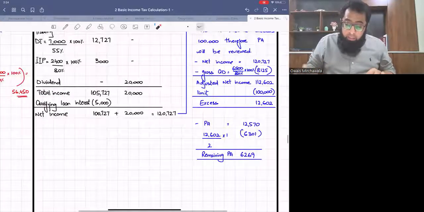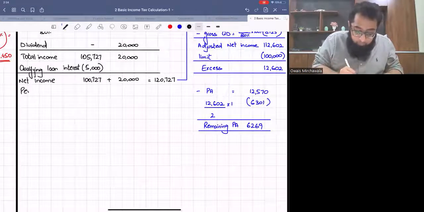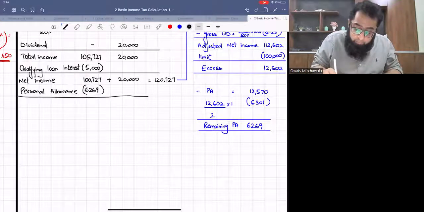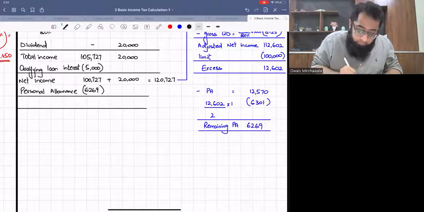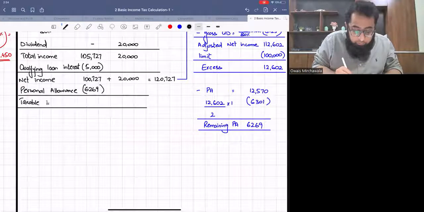Now we have a remaining personal allowance of 6,269. So you all know that we deduct personal allowance first from non-saving income. 6,269. So this gives us the taxable income of how much?